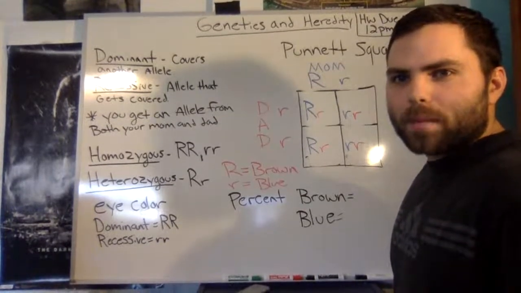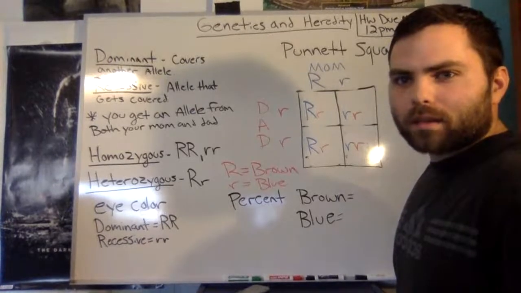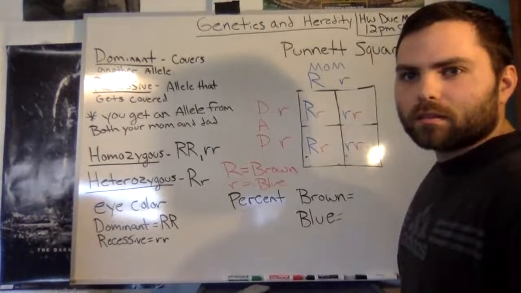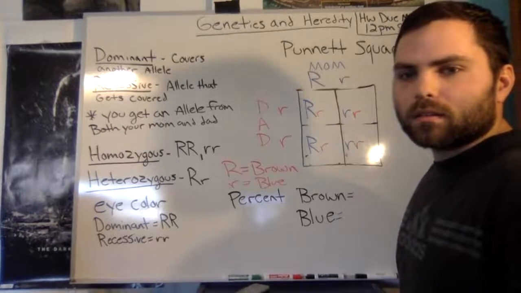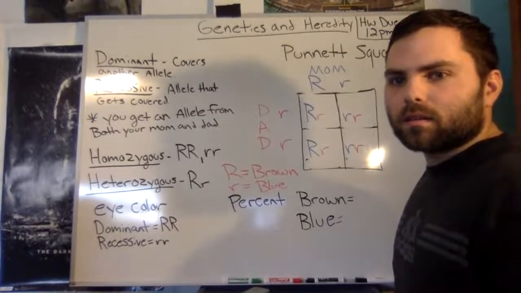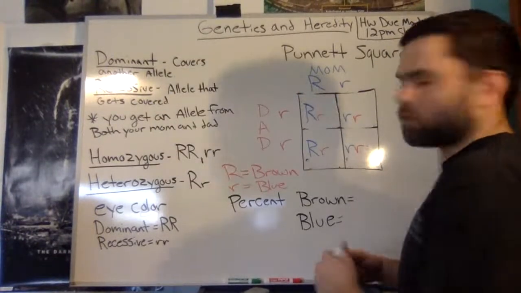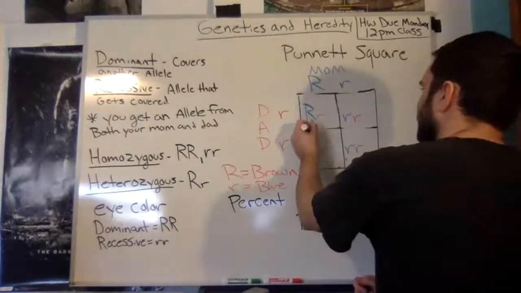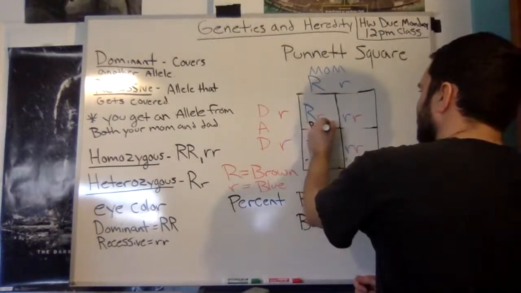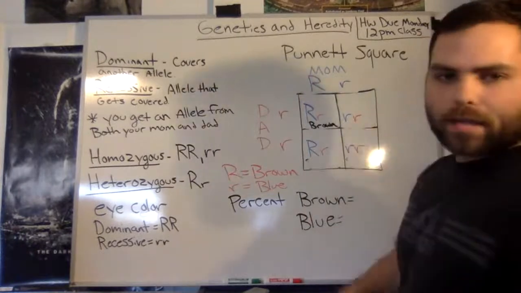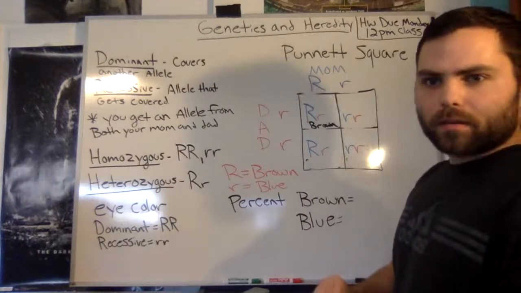Looks like we got 4 people commenting. Who else is out there on this chat? All right, so Brian and Josue says brown. So we got brown here. What about lowercase and lowercase? What eye color is that going to give me?